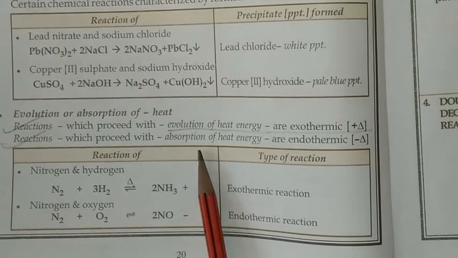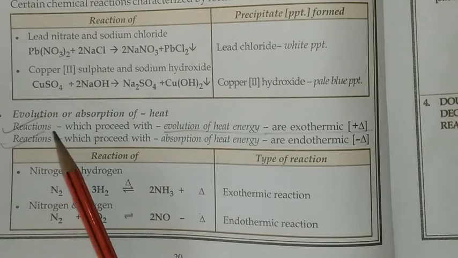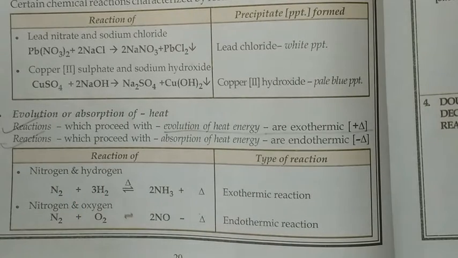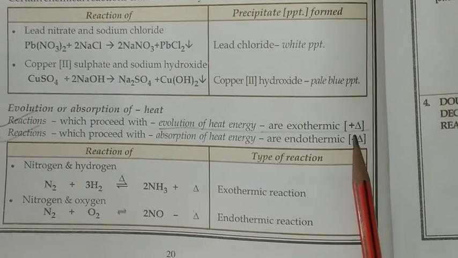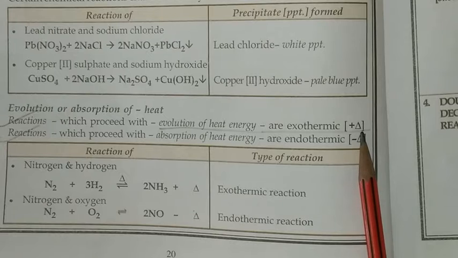Evolution or absorption of heat. There are two types of reactions on the basis of evolution or absorption of heat. If heat energy is evolved in the reaction, then it is exothermic and it is shown by plus delta sign in the reaction.